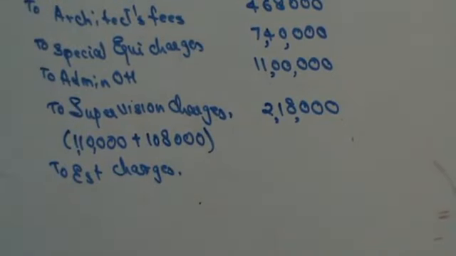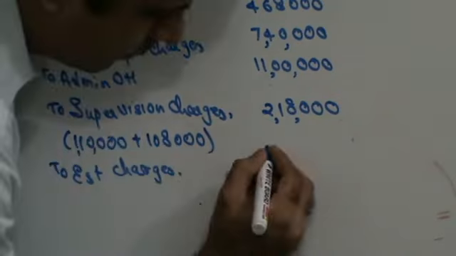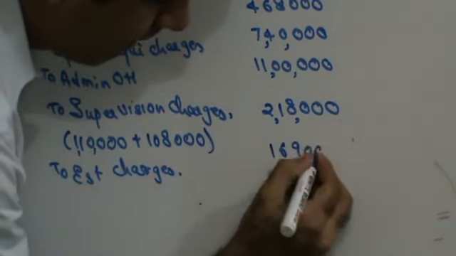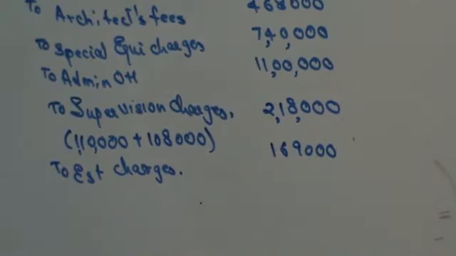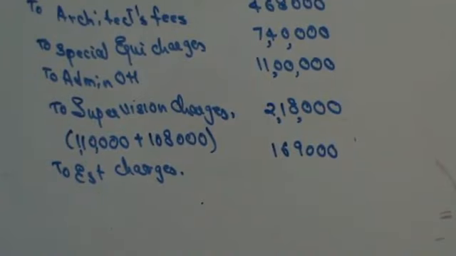That's 81,000 plus 88,000, 169. Okay, so 81,000 there and 88,000 here. Right?